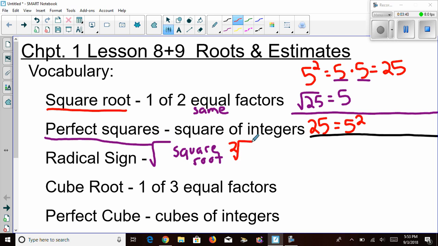That is not one you will see very often, but it's one that you kind of need to know what it looks like so you're not lost if one shows up. Another radical you will see is if you put a little 3 on it, that is the cube root. And we're going to talk about what the cube root is next.